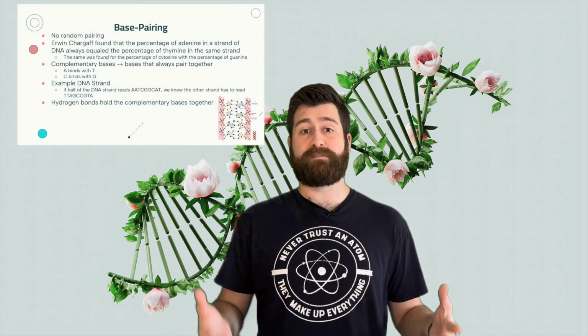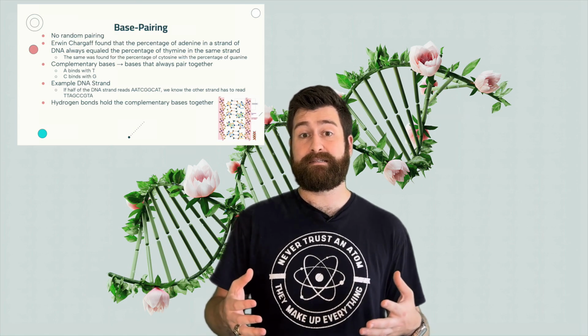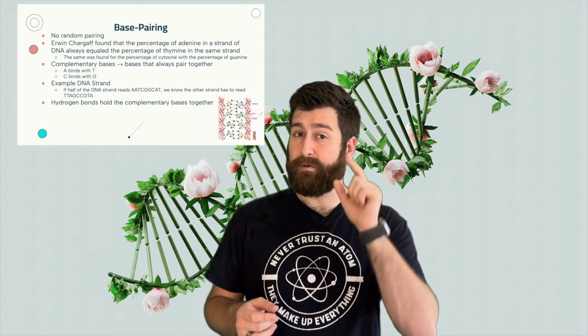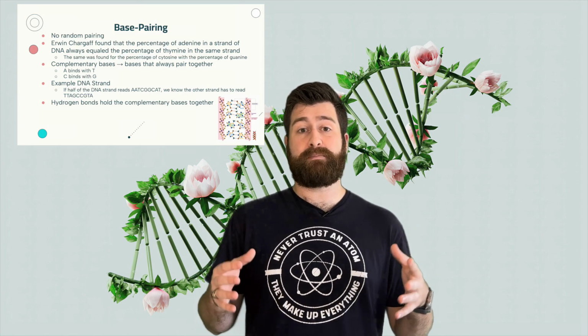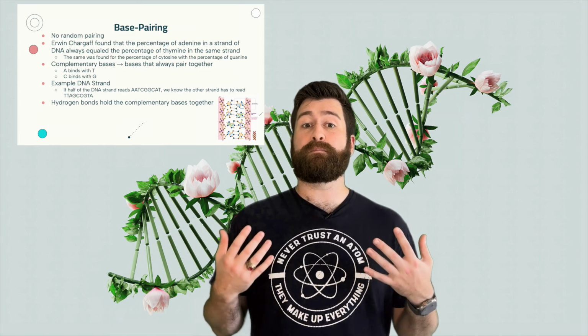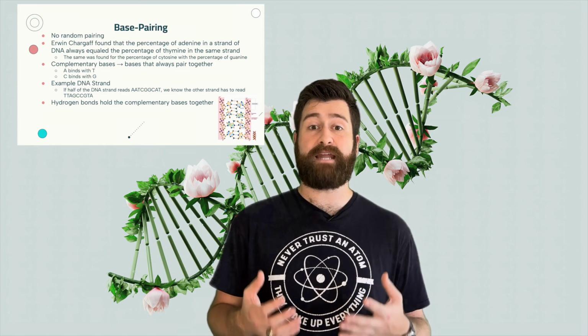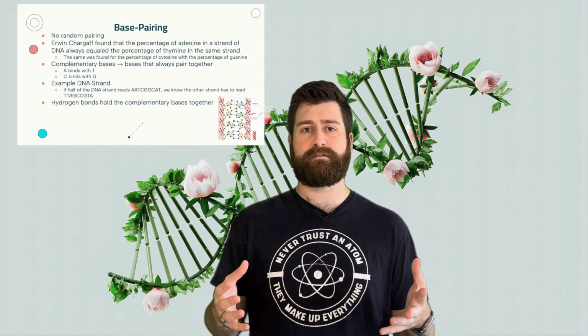Now I know I mentioned this briefly, but let's delve more into base pairing. Remember that base pairing refers to adenine, thymine, guanine, and cytosine, at least in the case of DNA, which will be important to remember later. These bases do not randomly pair. A biochemist by the name of Erwin Chargaff found that the percentage of adenine in a strand of DNA always equaled the percentage of thymine in the same strand.